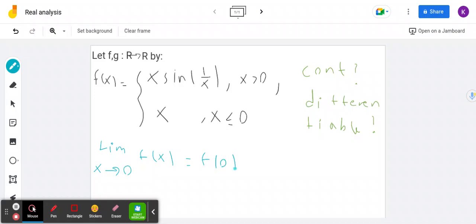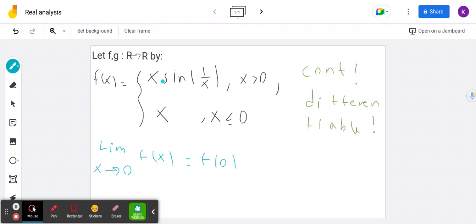Here we don't have a single expression for our function. It's a piecewise function, broken into the left-hand and right-hand sides. So we have to take two different limits and see if they're equal.